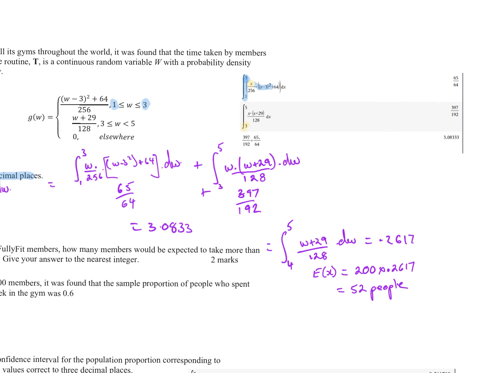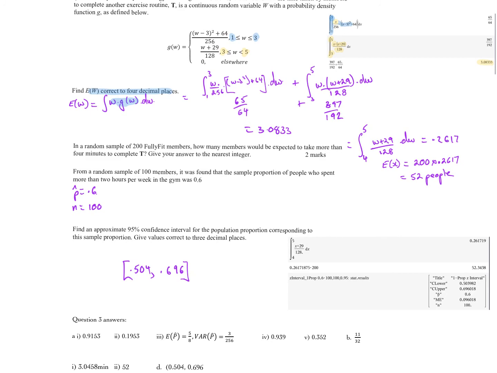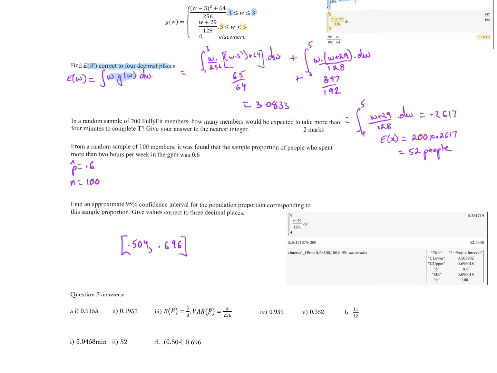And then I've got from 3 to 5, which is the limits of the second function, of x plus 29 on 128 times an extra x. And if I add those two together, I get 3.0833. All right. 4 decimal places, 0833, yep.